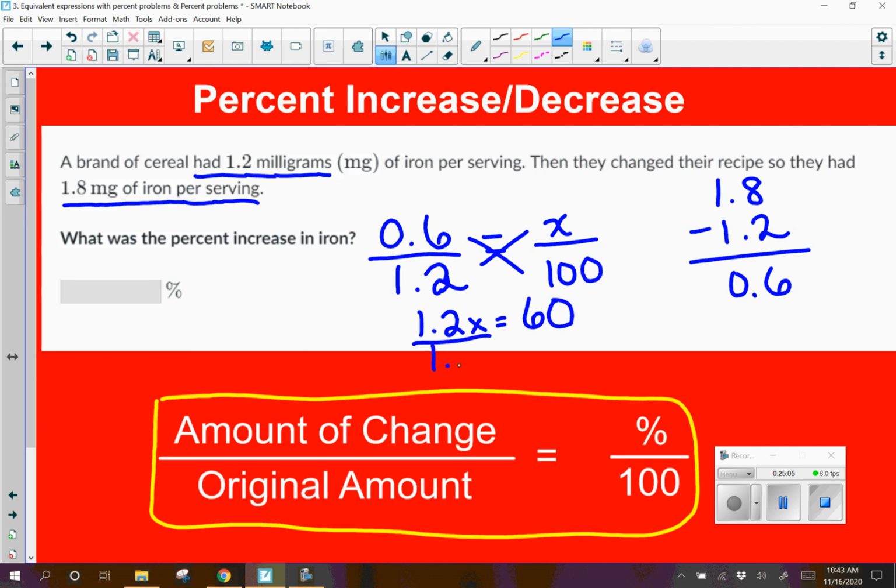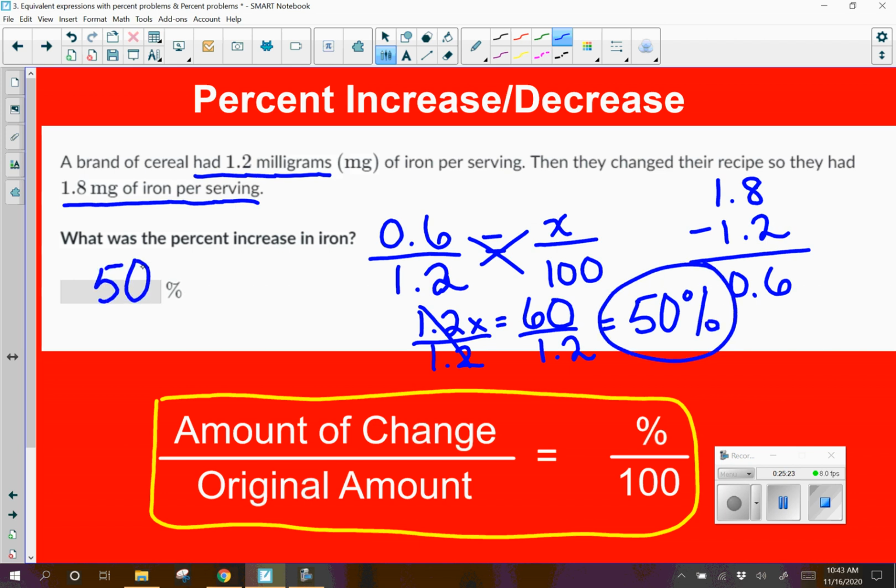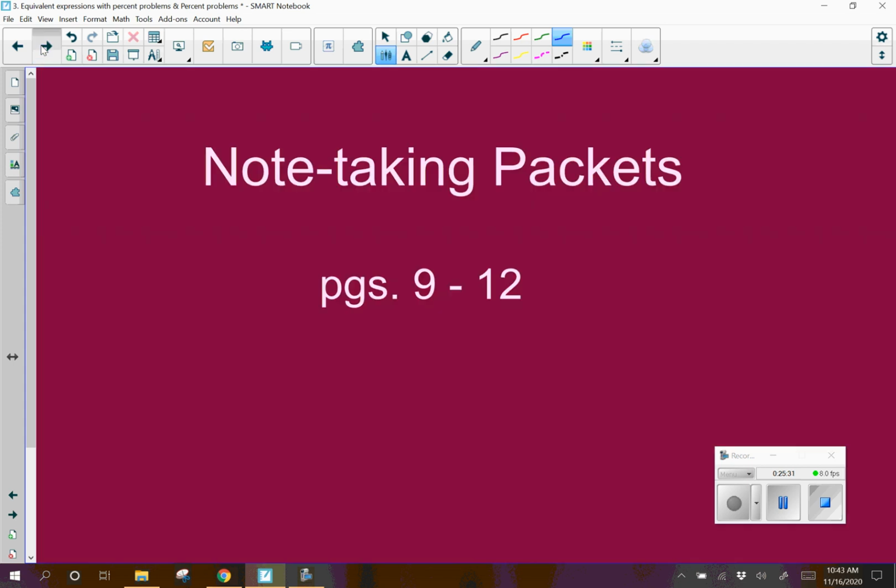And our last step is to get our variable by itself, which means we're dividing both sides by 1.2. 60 divided by 1.2 gives us our answer of 50%. And that's the formula you would use whether it's asking you for a percent increase or a percent decrease.